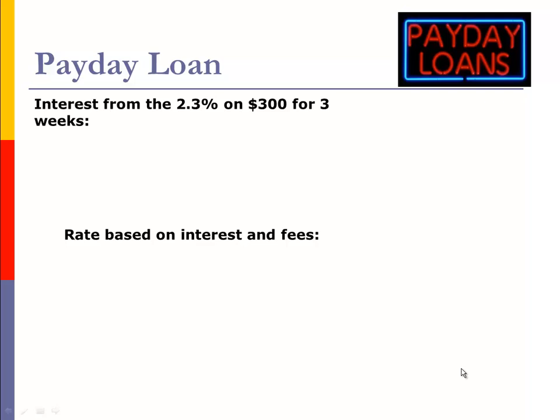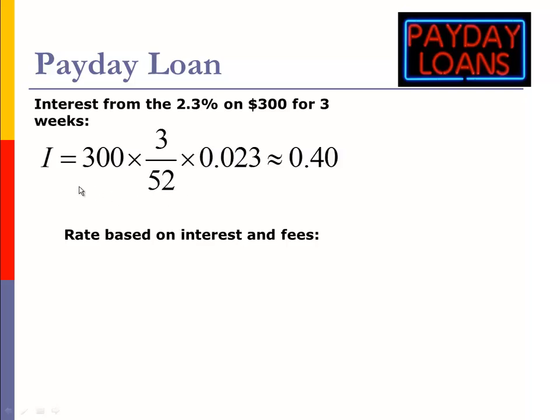Our first step is to find the interest based off that 2.3% and $300 for 3 weeks. It's a nice, straightforward calculation. We've got our principal, the amount of the loan, then our time frame. Remember, rates are given as an annual rate, so we have to convert these 3 weeks into an annual period, 3 over 52.